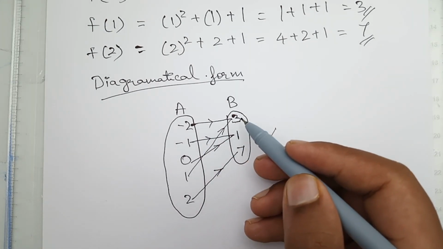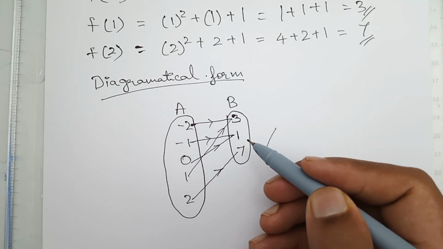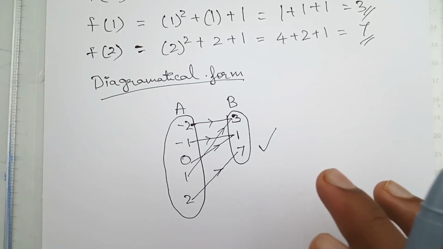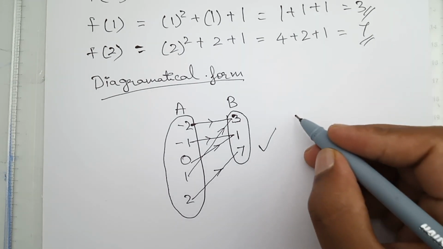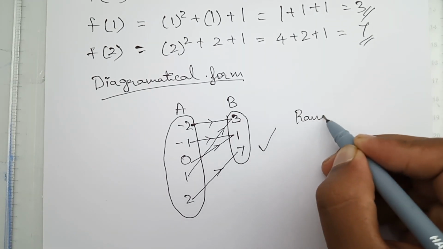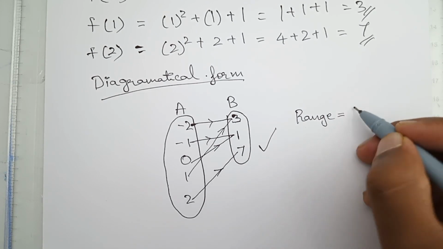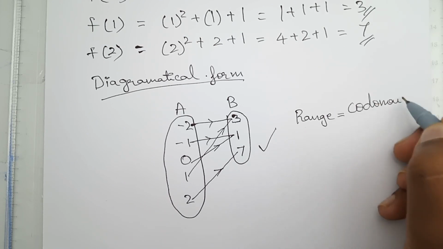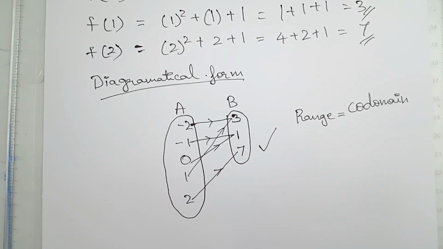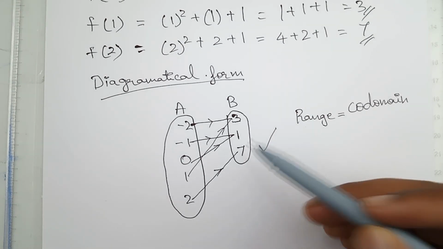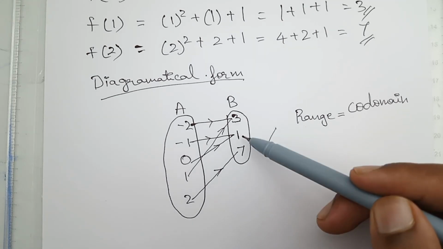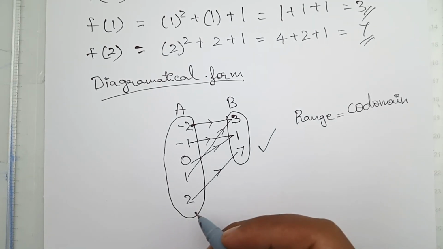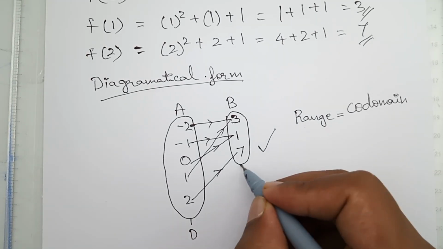So every codomain element has some image, so the range is equal to the codomain. Range how much? 1, 2, 3. Codomain how much? 1, 2, 3. One more thing: these are domains and this is codomain.